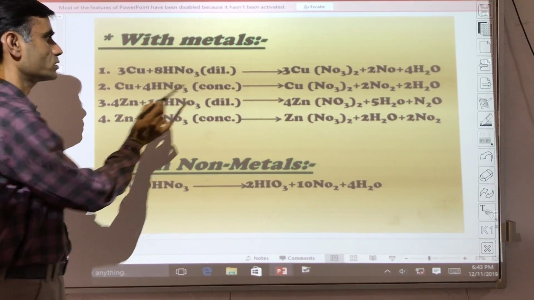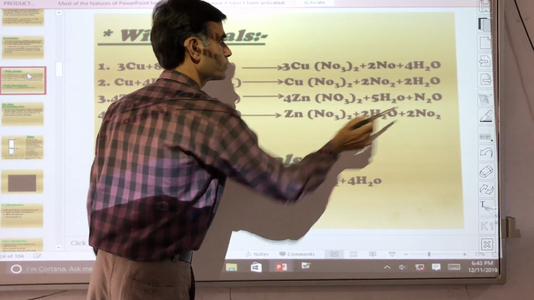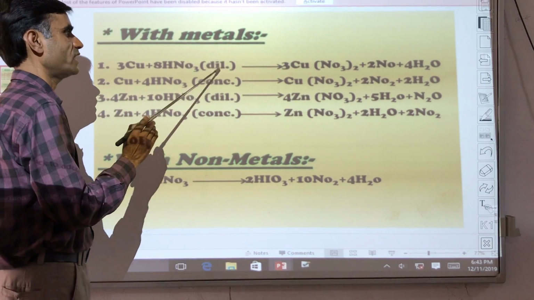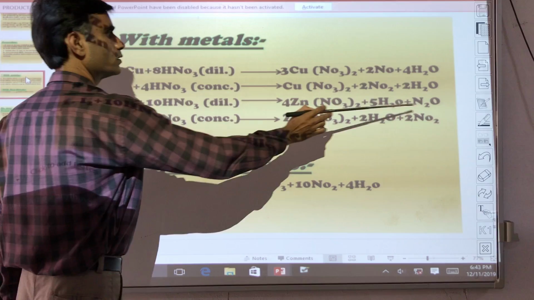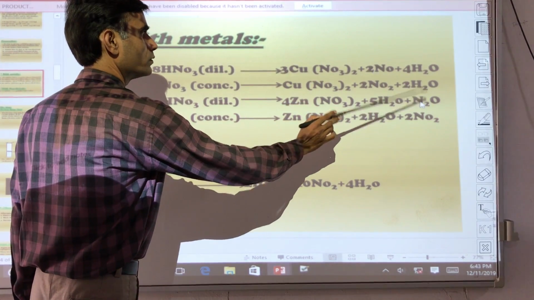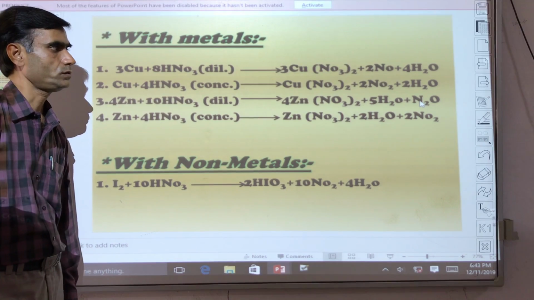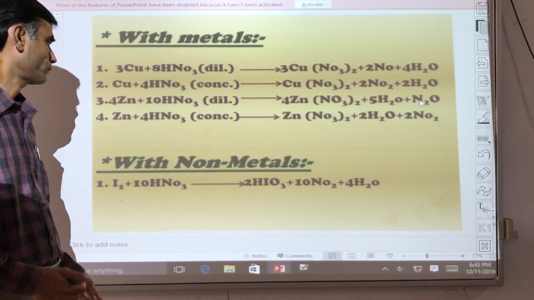The main focus is concentrated. In both cases you get NO2 product. But with dilute, copper gives NO and zinc gives N2O. So these products you need to learn. Why they form different products, we can discuss later on.